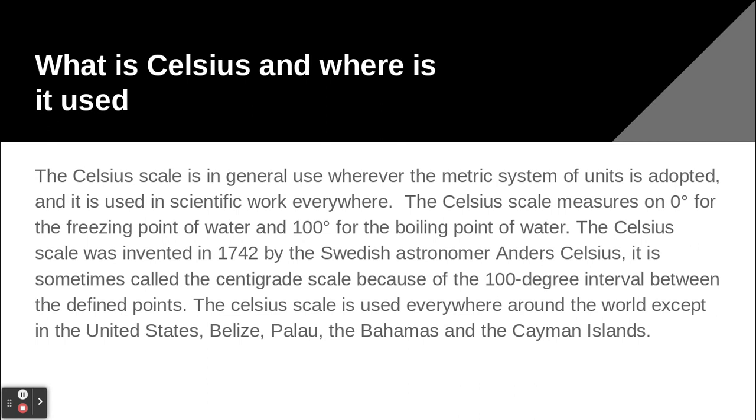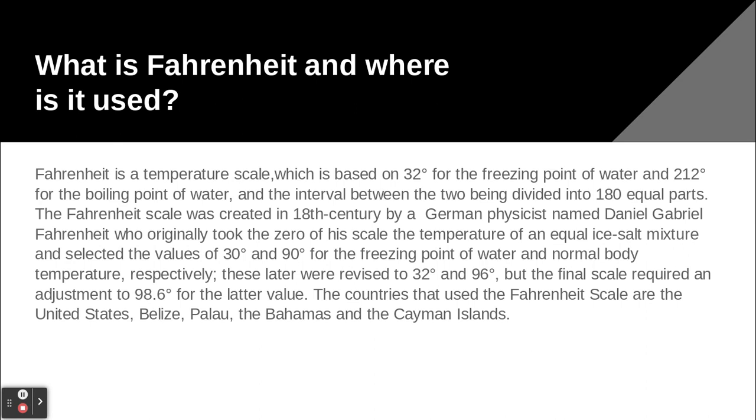The Celsius scale was invented in 1742 by the Swedish astronomer Anders Celsius. It is sometimes called the centigrade scale because of the 100-degree interval between the defined points. The Celsius scale is used everywhere around the world except the United States, Belize, Palau, Bahamas, and the Cayman Islands.